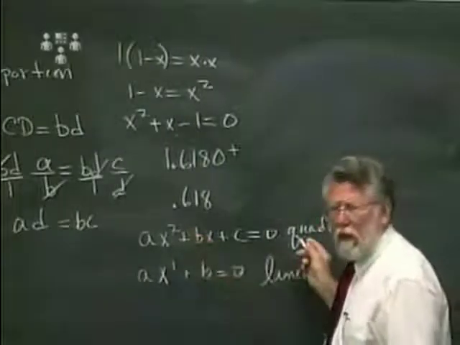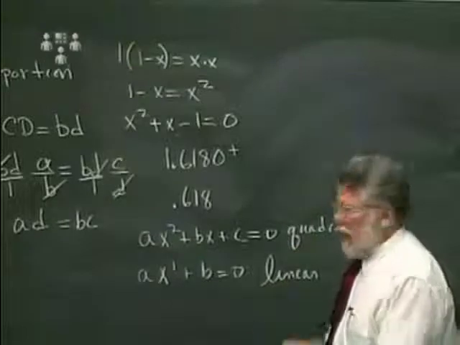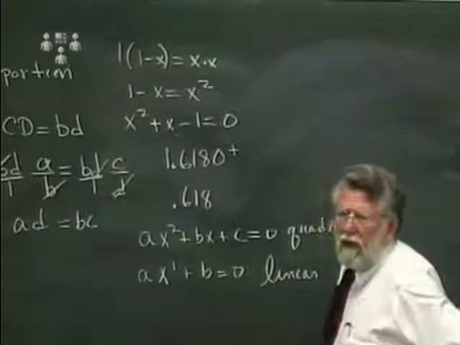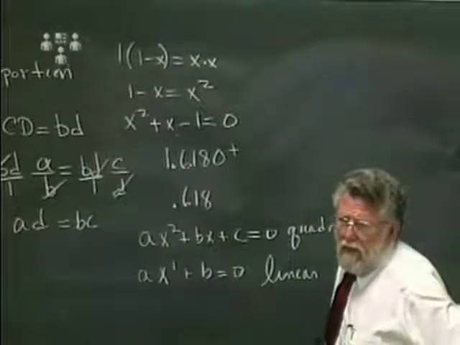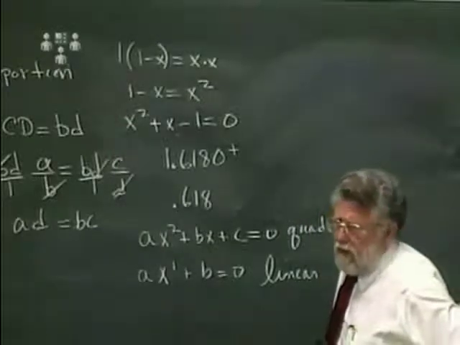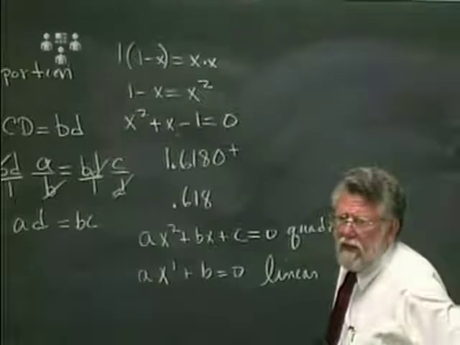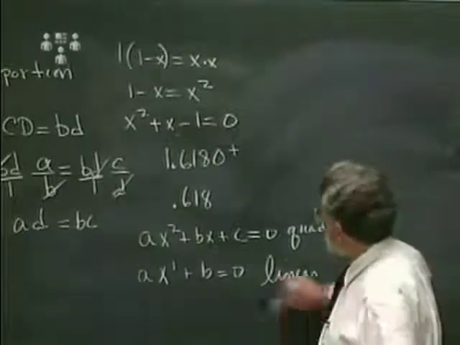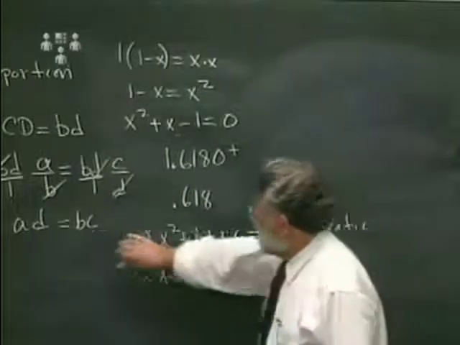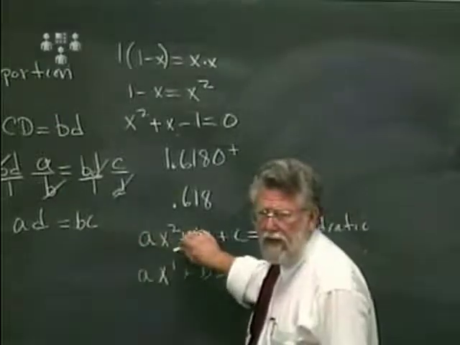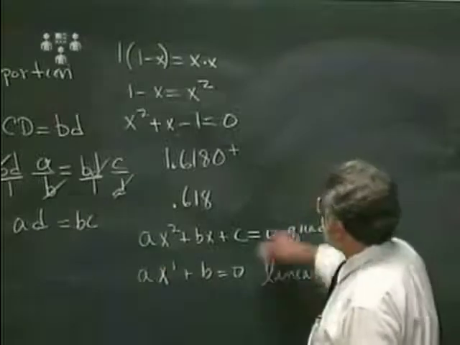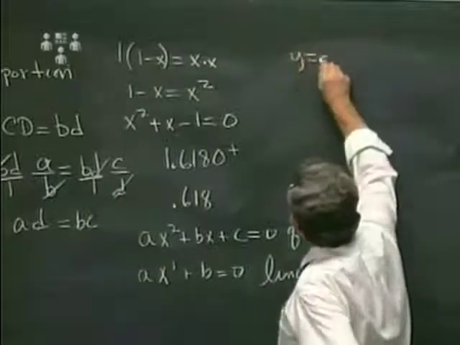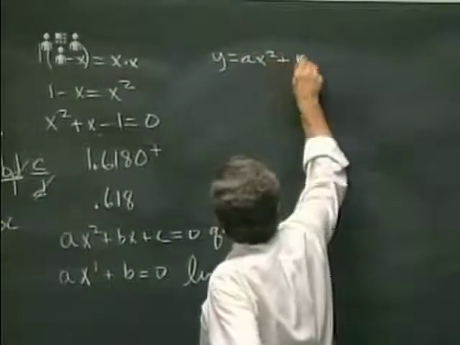Second degree, one variable, quadratic. Now, as it stands right now, these are in terms of single variables. Very early on, we look at two variables. Instead of saying this is equal to 0, we just say y equals each of these. So these are going to relate ultimately to these forms.